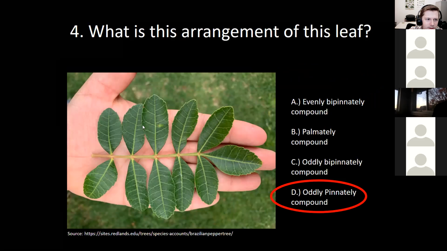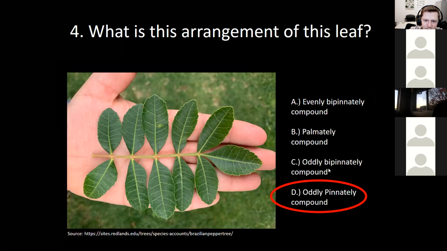And let's see, 4. This one was a little more split. Most people pick C. So 6 out of 13 pick C, oddly bipinnately compound.